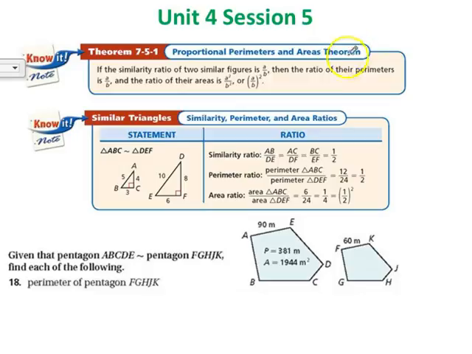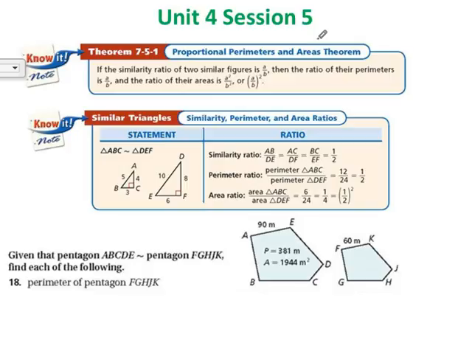Moving on. So what are we learning about in Unit 4, Session 5? We are learning about the proportional perimeters and areas theorem. So we're looking at perimeters and areas.